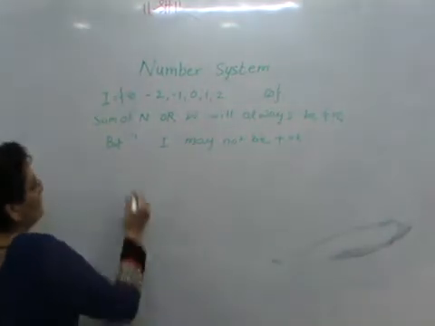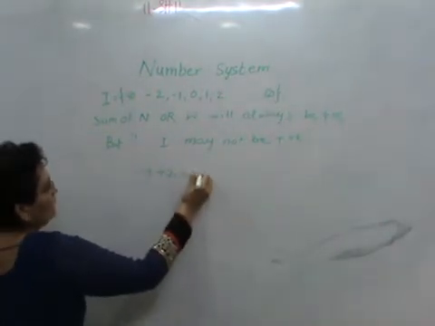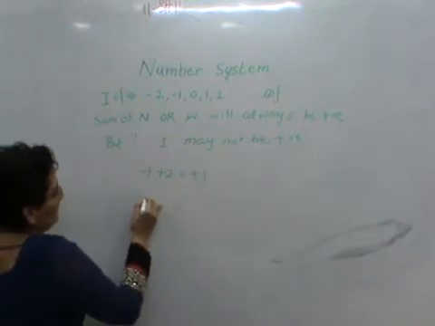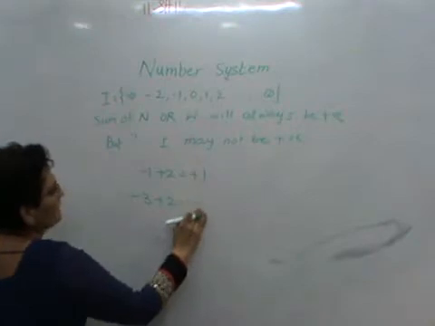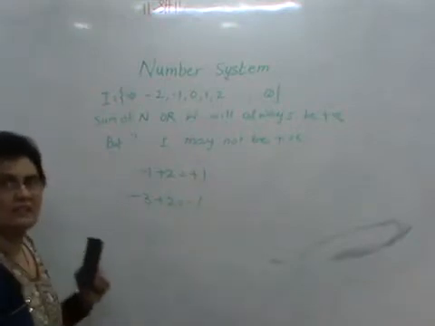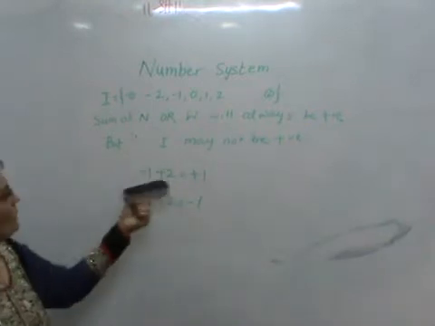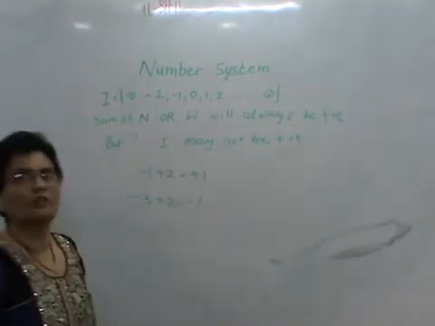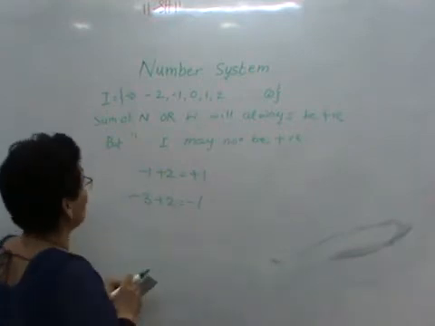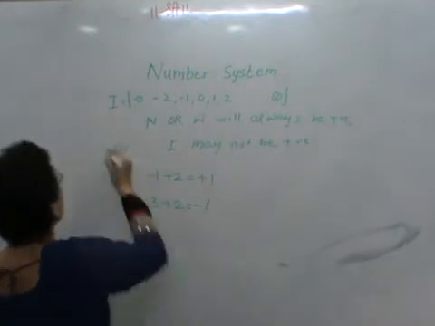How? If we say minus 1 plus 2, it will be plus 1. But minus 3 plus 2 will be minus 1. Isn't it? So the sum of two integers may not be positive, but the sum of two natural or whole numbers will always be positive. Now, let's take product.